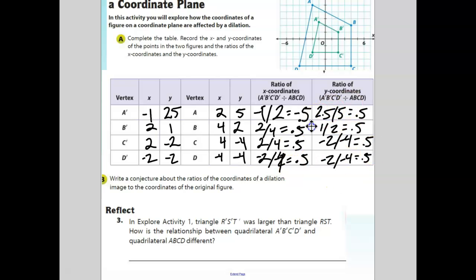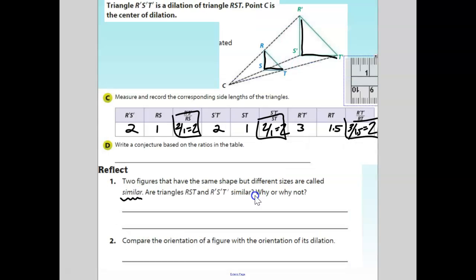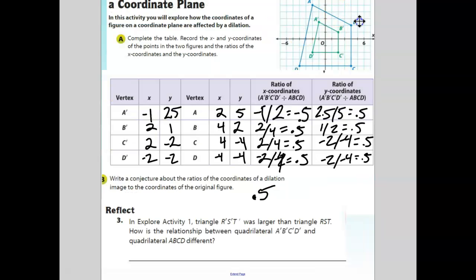So it's the same. So it's gotten smaller, and we have a factor of 0.5 this time. Whereas before over here we had 2, so we had an enlargement, and we could say, hey, it's 2 times bigger. And now this time we have a reduction, and it's half as big as it was before.